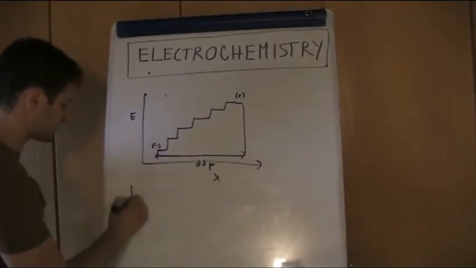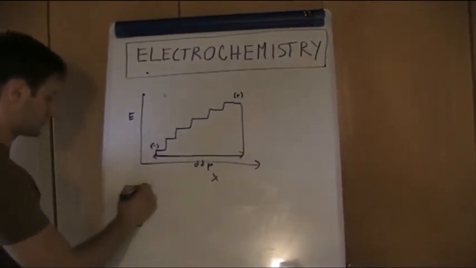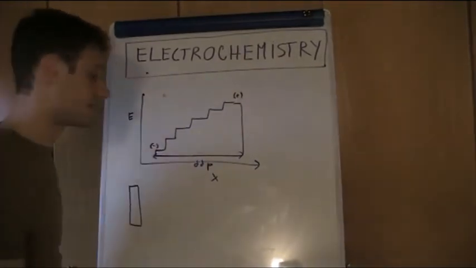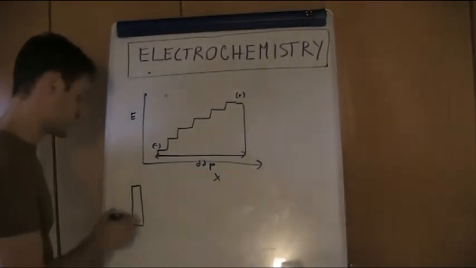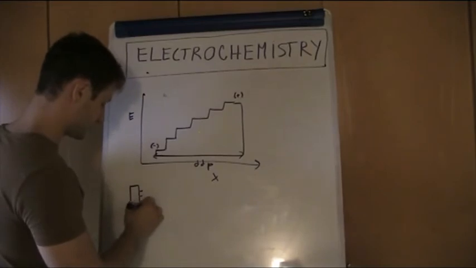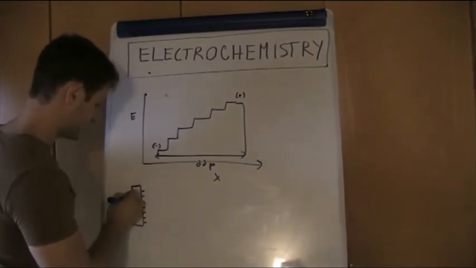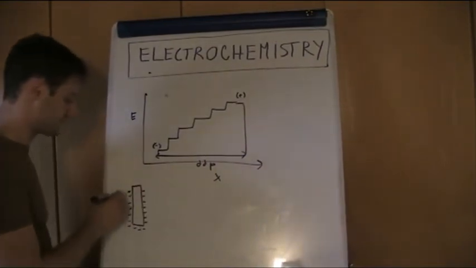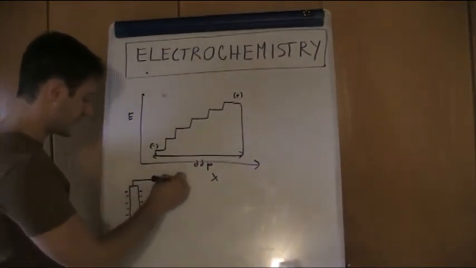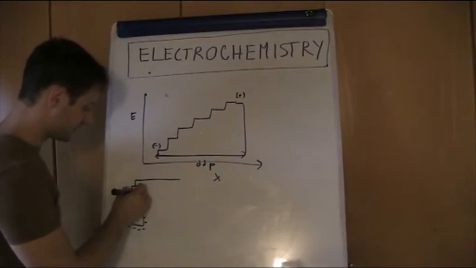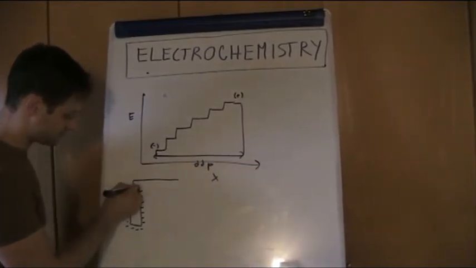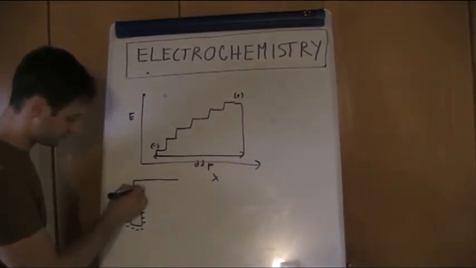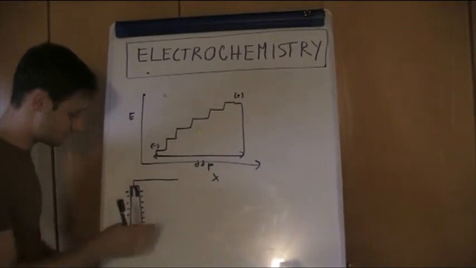Because if this is our electrode with a certain potential, we also have a certain charge acquisition mechanism. We will see this later, but say it is charging negatively. And we have a clip here. This is a clip in order to measure the potential.